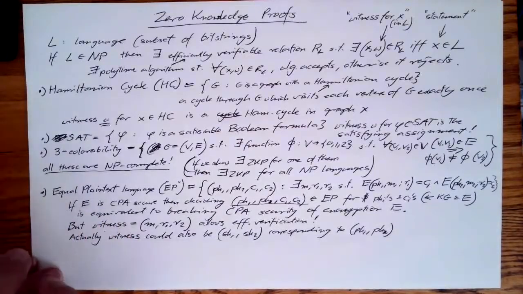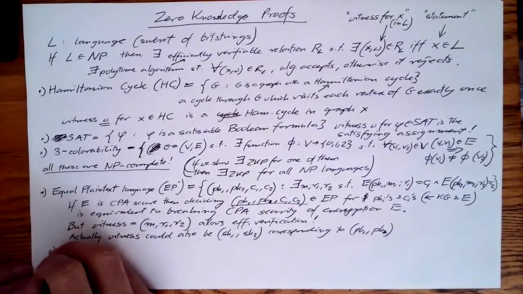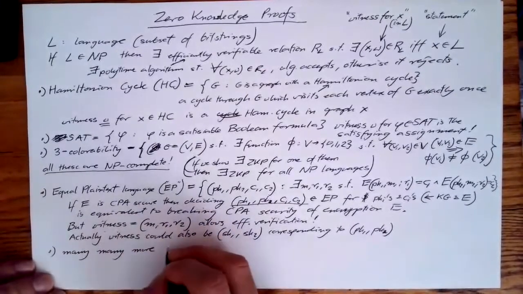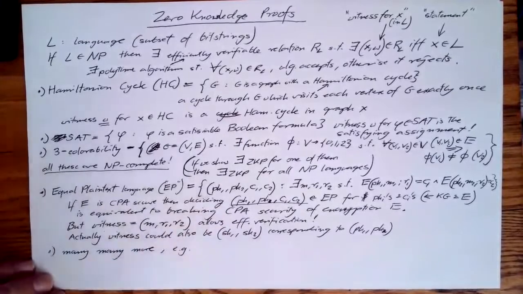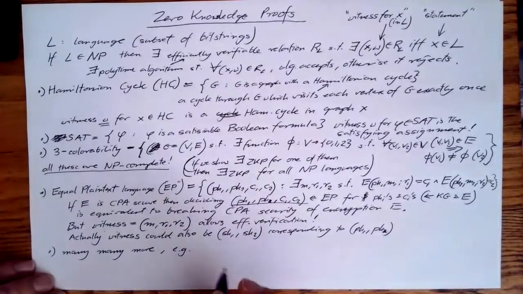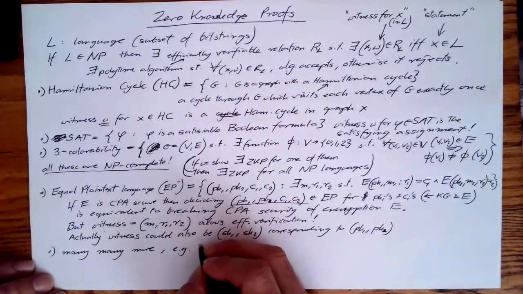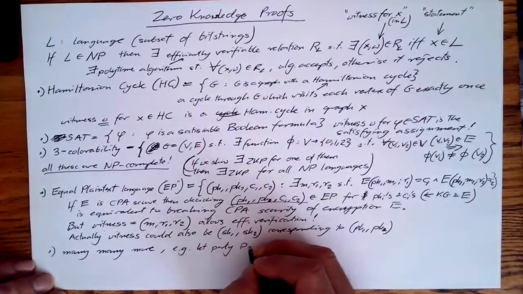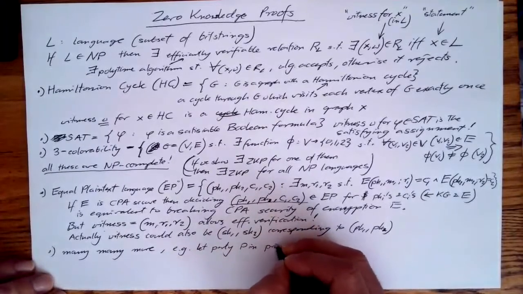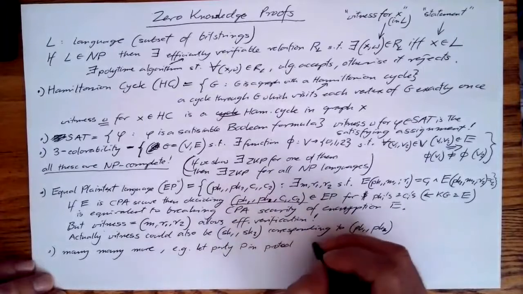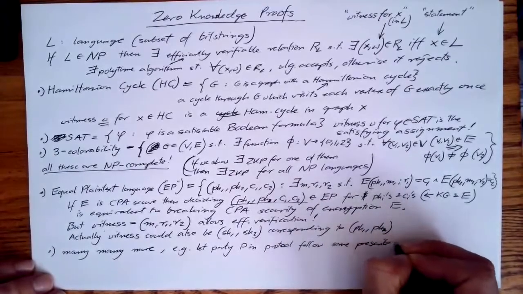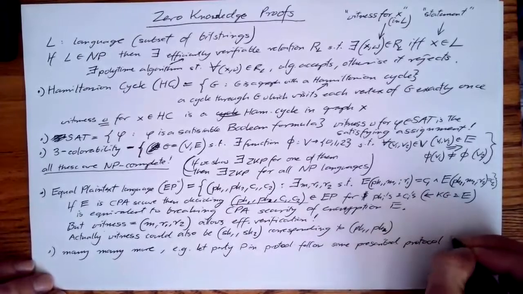Okay, and there are many, many more. One very basic, extremely generic one is this: let's think that a party P in a protocol is supposed to follow some prescribed protocol pi.